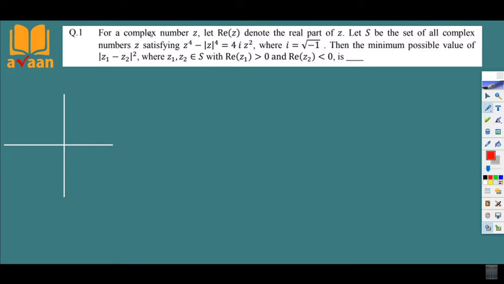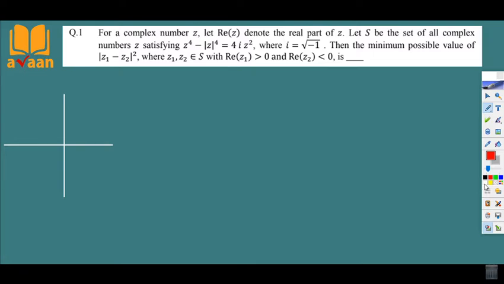The question says for a complex number z, let Re(z) denote the real part of z. The set of all complex numbers is S that satisfies this particular equation. Let us analyze this particular equation.